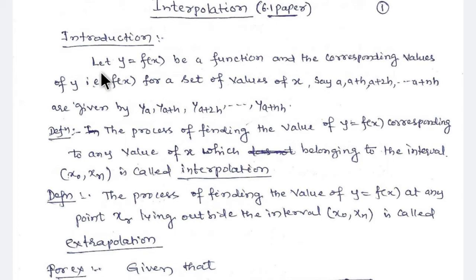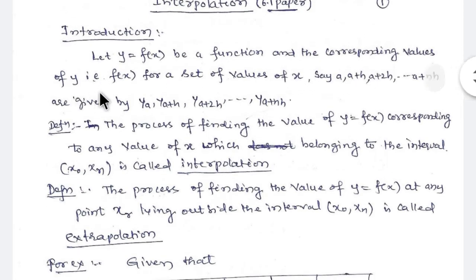You see that let y is equal to f of x be a function, and the corresponding values of y, that is f of x, for a set of values of x, say a plus h, a plus 2h, etc., a plus nh.